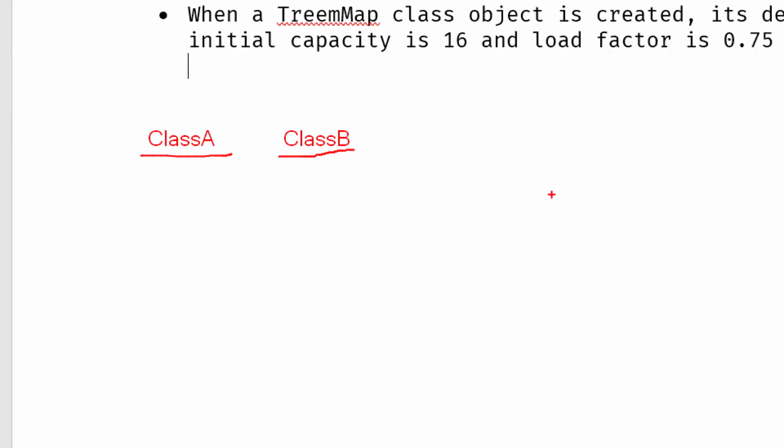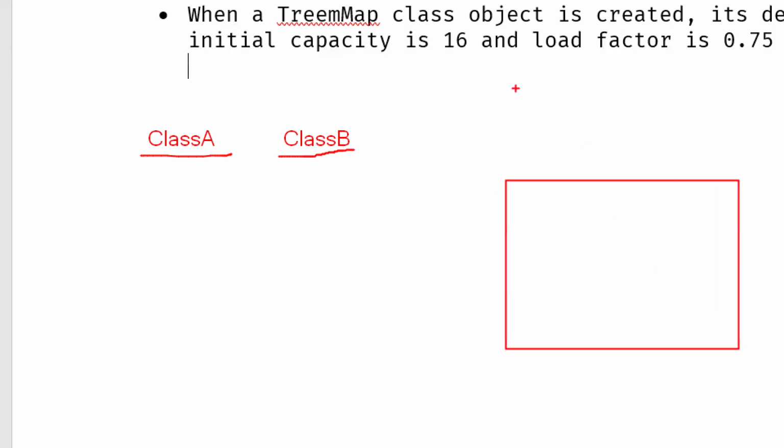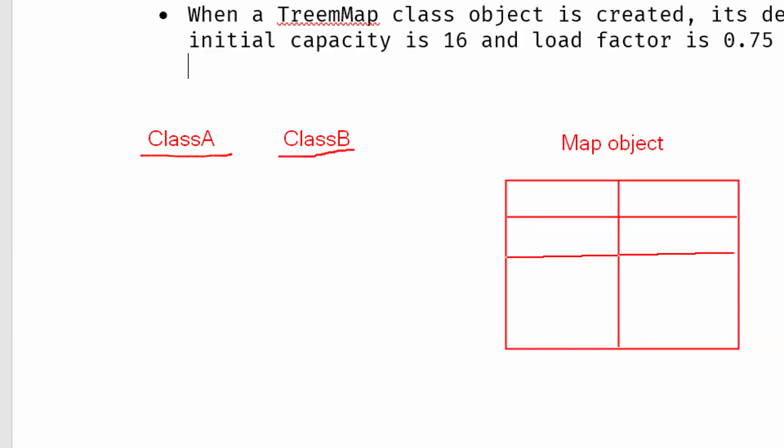I mean to say that this is my requirement. See, this is a map object. It could be hash map or linked hash map or a tree map. Don't worry, some map object. It could be any one of the map types.